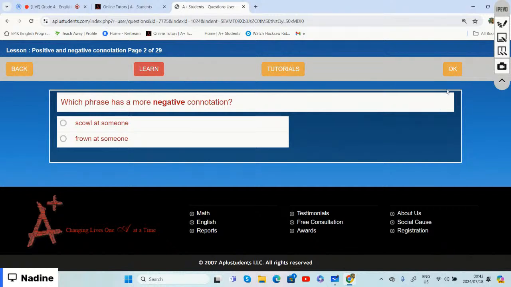We need to once again say what's a negative connotation. It says scold at someone, or frown at someone.